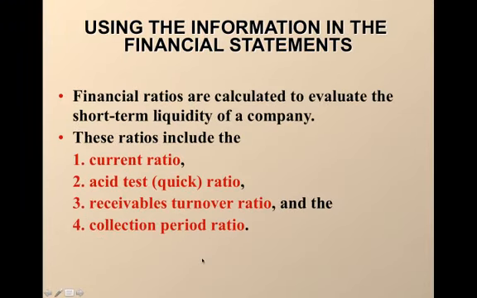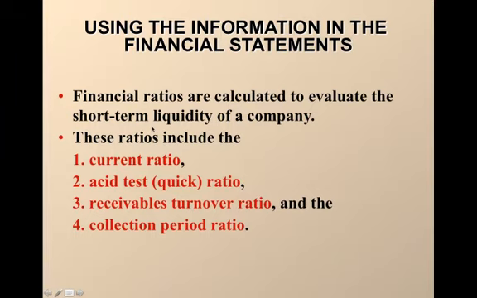Okay, let's look at ratios. So we have 4 ratios that we're going to look at. We've already looked at the current ratio, I believe, but I think we're going to review it right now. All of these evaluate the short-term liquidity of a company. And when we talked about liquidity earlier, just to remind you, it measures how quickly a company can pay off its debts.